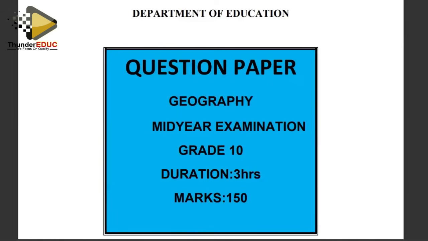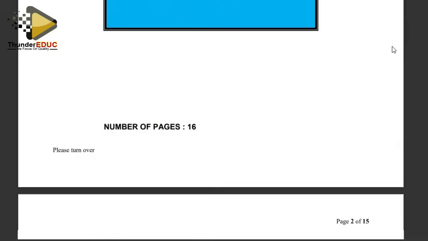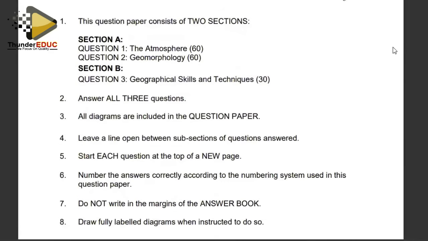Being your first time to sit for a full paper, you must be very prepared to address the basic requirements of the paper, because this is a full scope paper covering the first topic and the second topic, and also covering GIS and map skills.